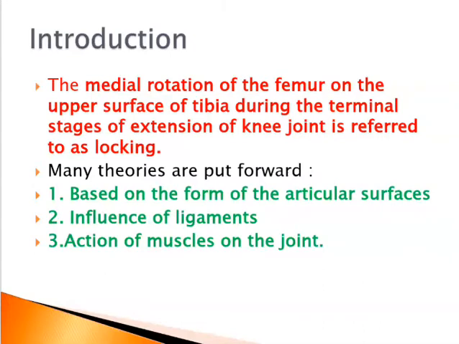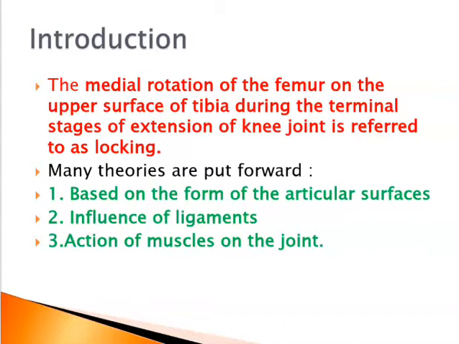The medial rotation of femur on the upper surface of tibia during the terminal stages of extension of knee joint is referred as locking. Many theories are put forward to explain this locking of knee joint.